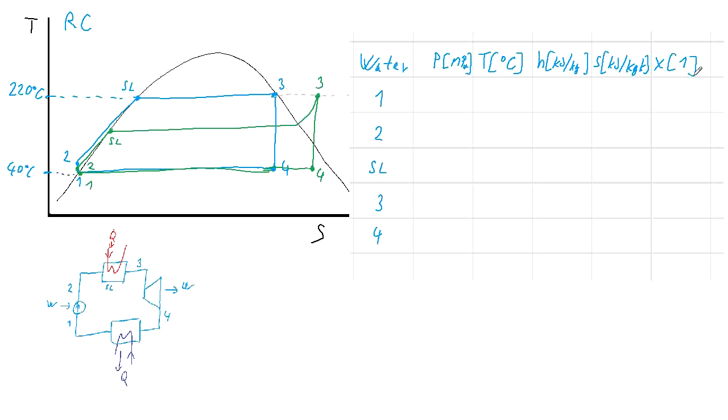So what do we know for the cycle? We know the temperature at the point 3.